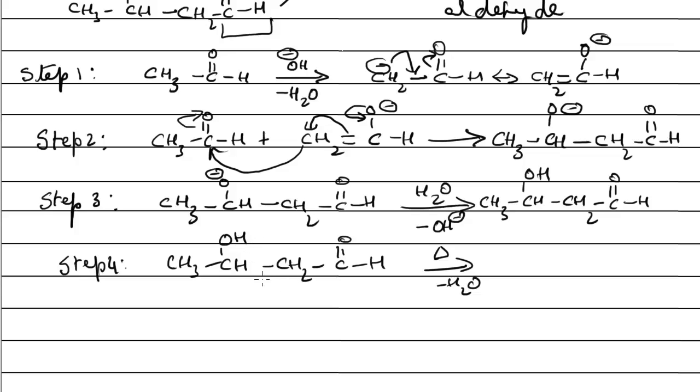Here we don't need to do that because the double bond is conjugated with the aldehyde carbonyl carbon double bond, and that makes the reaction happen on its own by mere heating. So that is your alpha beta unsaturated aldehyde.